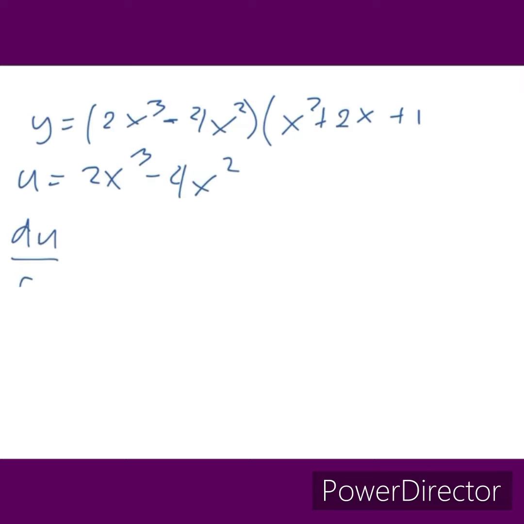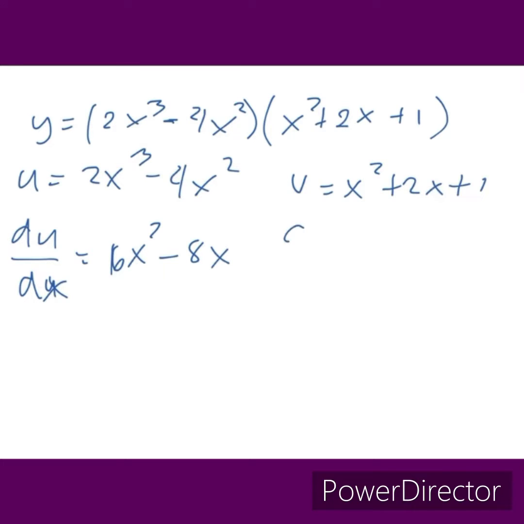So du, or the derivative of u, is equal to 6x squared minus 8x. And let v is equal to x squared plus 2x plus 1. Then the derivative of v is equal to 2x plus 2.